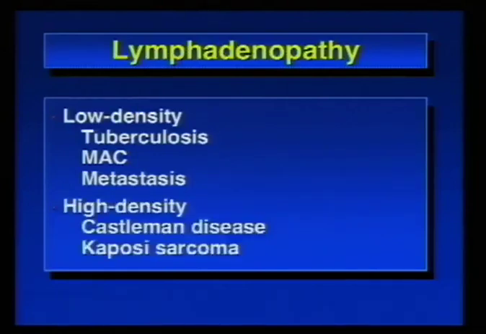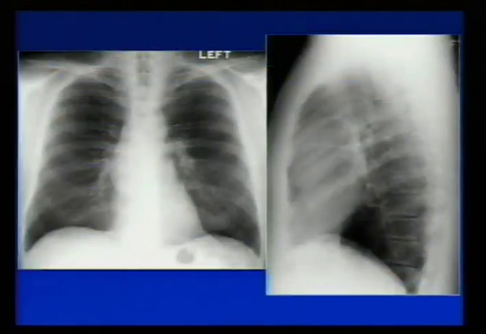How about high-density nodes, meaning denser than the surrounding soft tissue? There are two things to think about here, both of which are not very common: Castleman disease and Kaposi sarcoma. If there's an AIDS patient with high-density nodes, think about Kaposi sarcoma. So what do we see here?